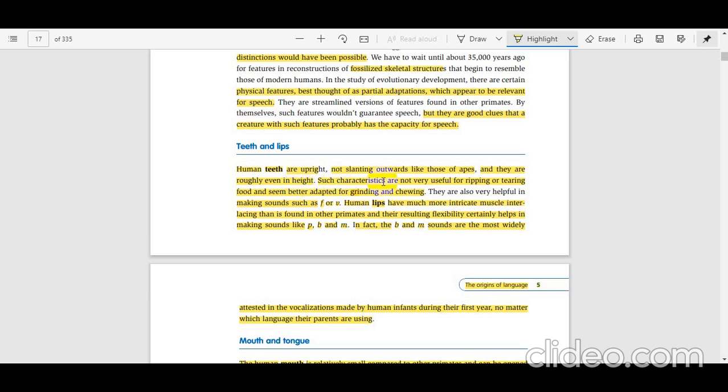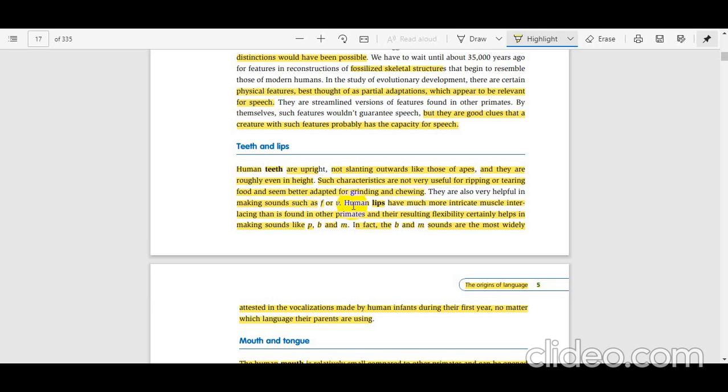Such features are not very useful for ripping or tearing food and seem better adapted for grinding and chewing. They are also helpful in what? I mean, the positioning and the structure of the teeth of humans, they are not used only for grinding or chewing food, but they are also helpful in making sounds such as f or v.